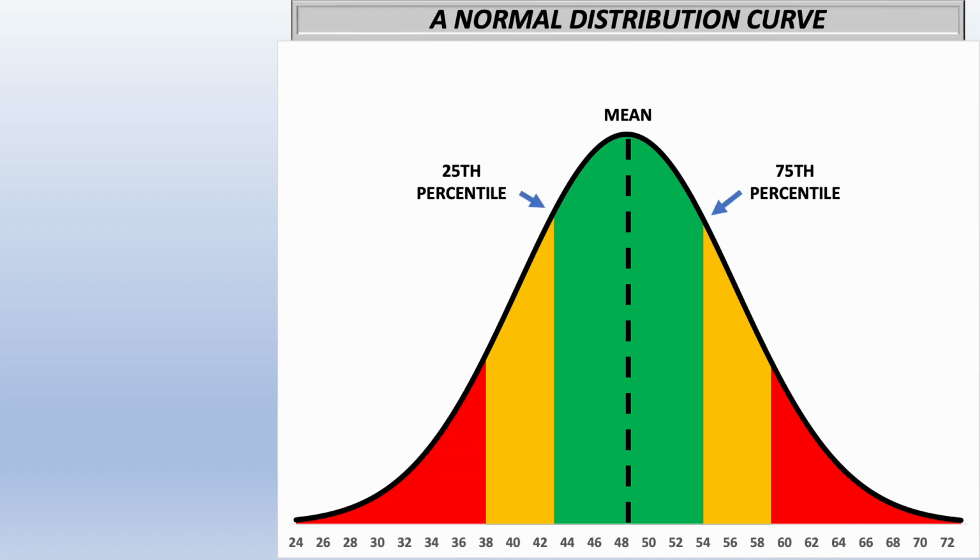And then I talk a lot about the 25th to the 75th percentile as being where the majority of the values are located, or at least the middle 50%. The green shaded area indicates the 25th to the 75th percentile. Then the other edge of the orange is the 10th to the 90th percentile. And then you have the outliers in red, the extreme values on either end.